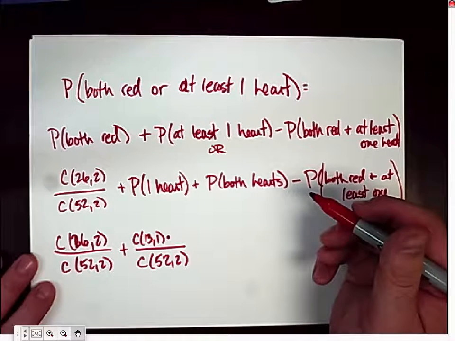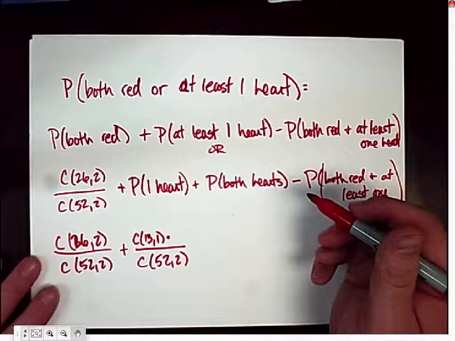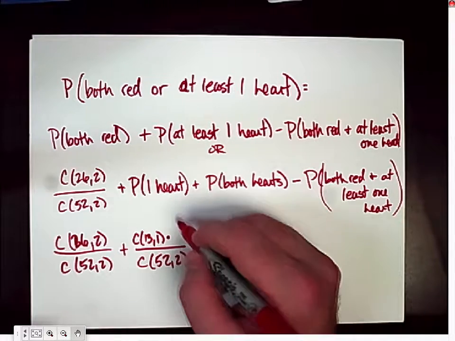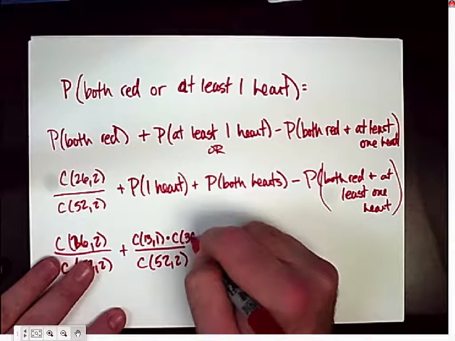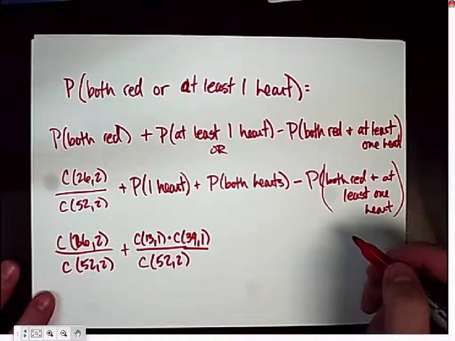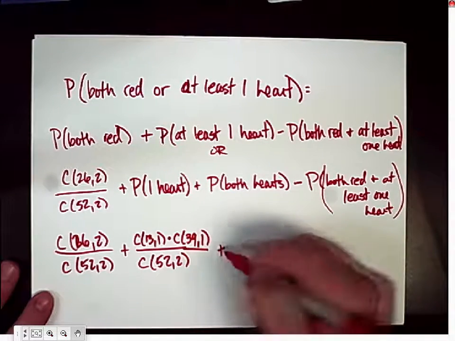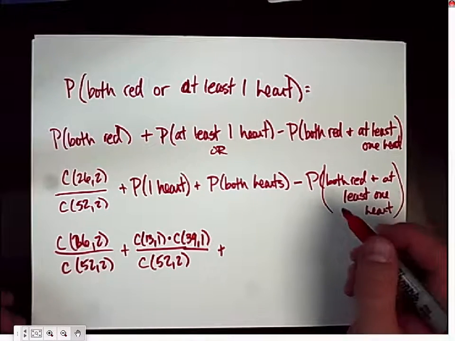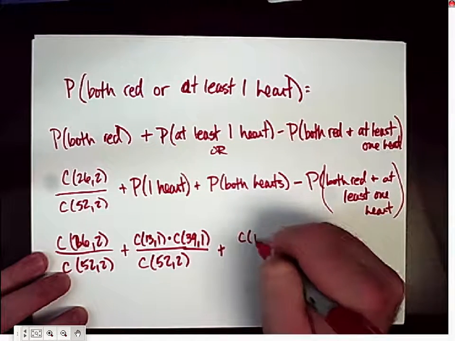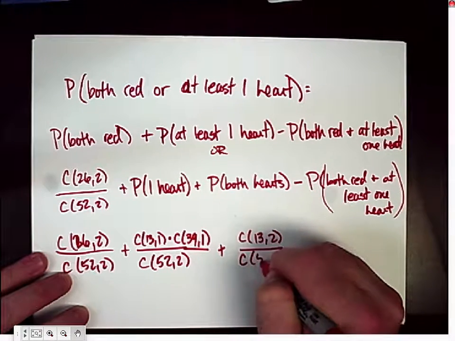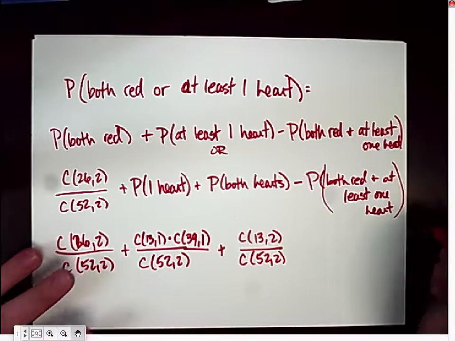Because there are 52 and 13 of them are hearts, so there are 39 that are not, right? And we're going to pick one from those. So it's the combination of 39 choose 1. Right? Plus, the probability that they're both hearts is the combination of 13 choose 2 over the combination of 52 choose 2.